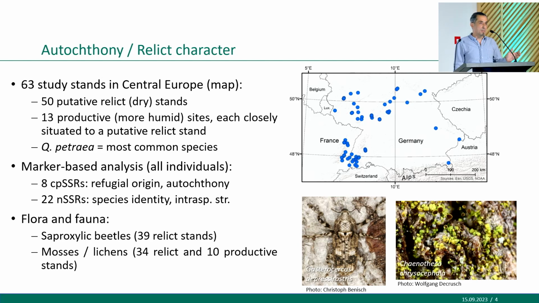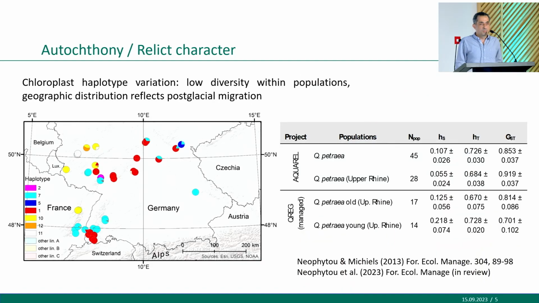Maybe I can mention we had many very rare species, so-called Urwald-Reliktarten, primeval relict species, which indicate a long habitat continuity in the case of beetles. So, this brings us already to the first results concerning autochthony and the relict character.